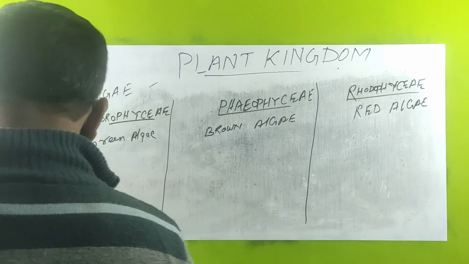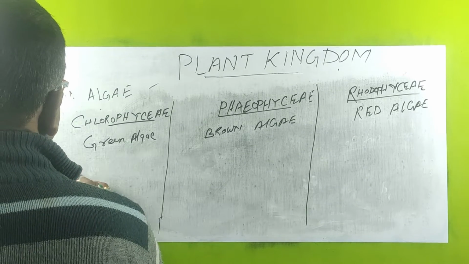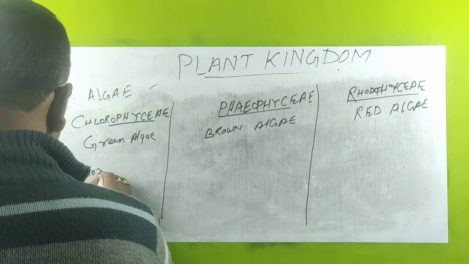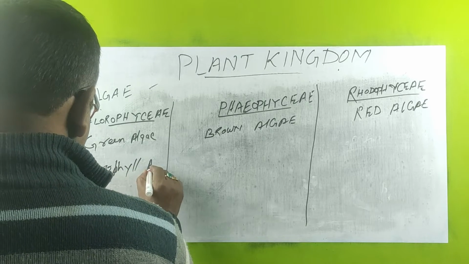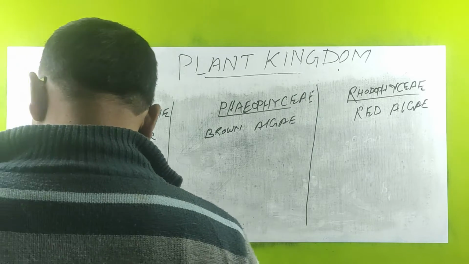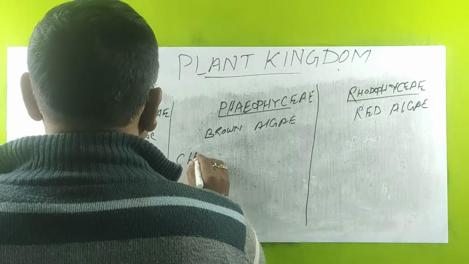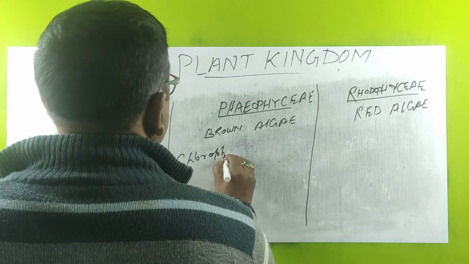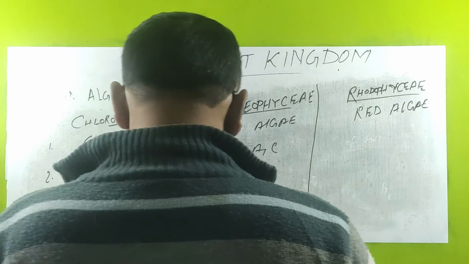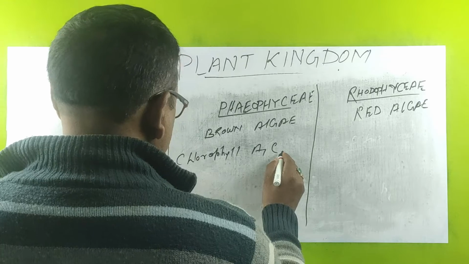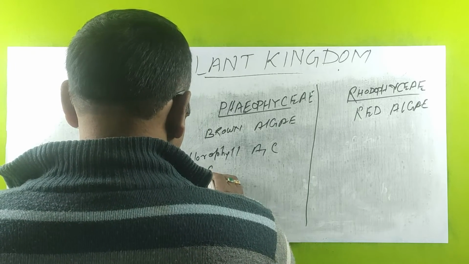And next, their major pigment. In green algae it is chlorophyll A and B. In brown algae there is chlorophyll A and C, and with this it has another pigment, that is fucoxanthin.